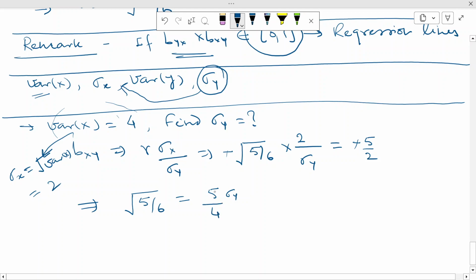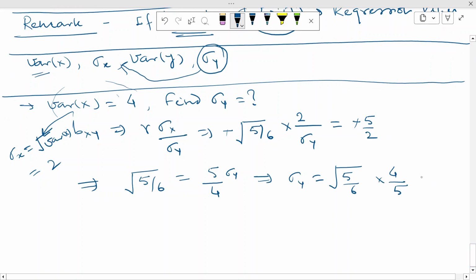So we obtain sigma y as root 5 by 6 multiplied by 4 by 5, using the value of R, the correlation coefficient.